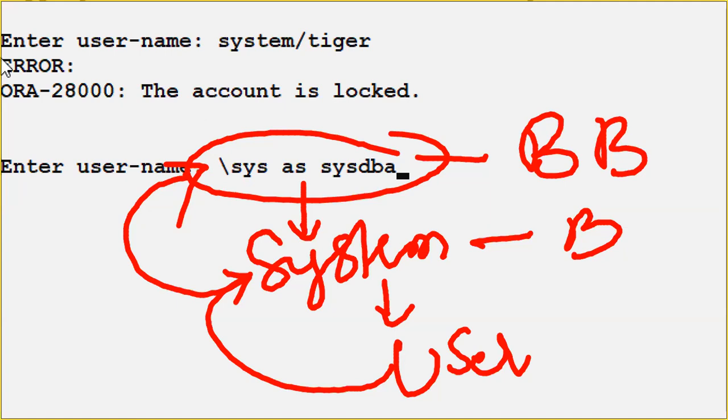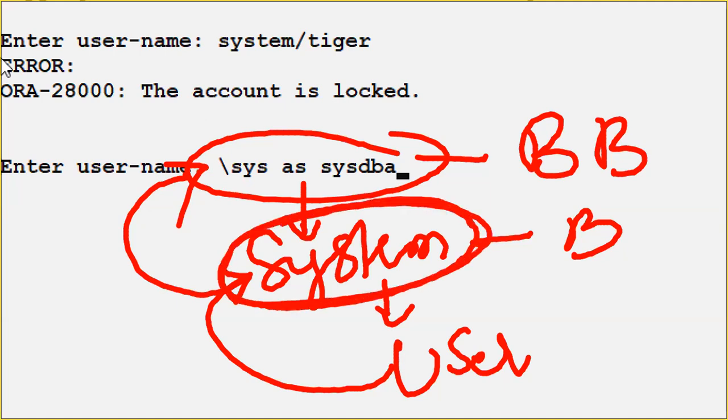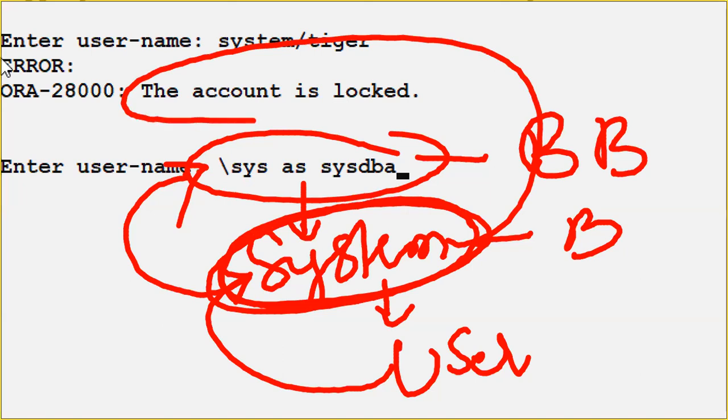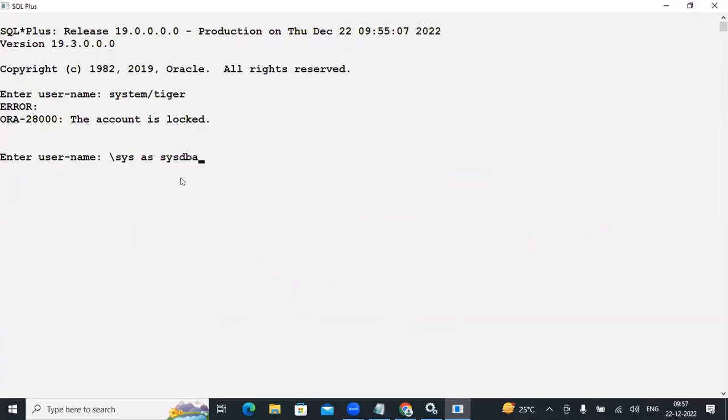Okay, now? This is a hierarchy. Same as here also. So now the system user is unable to connect and is facing the problem of the account is locked. Then whom does he want to approach? The big boss. So he approaches the big boss, and he will enter that username, and his password is also default.